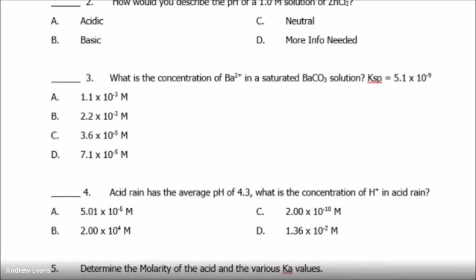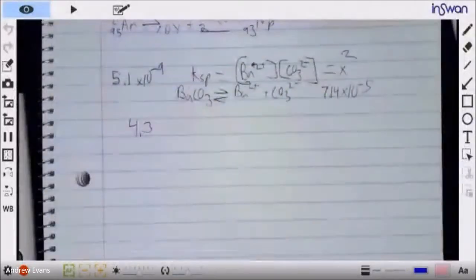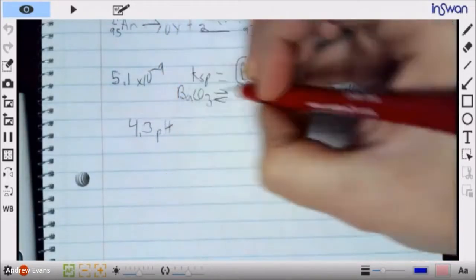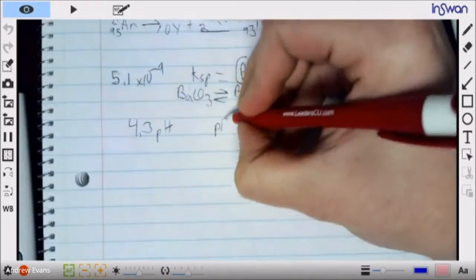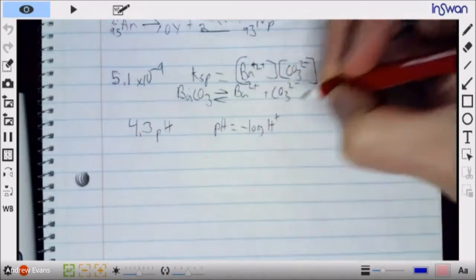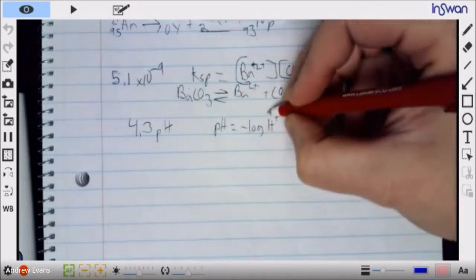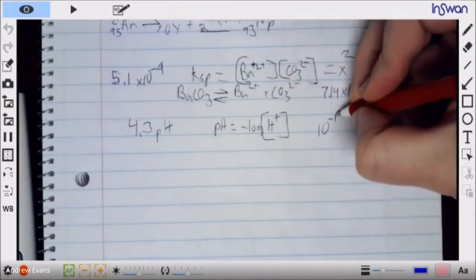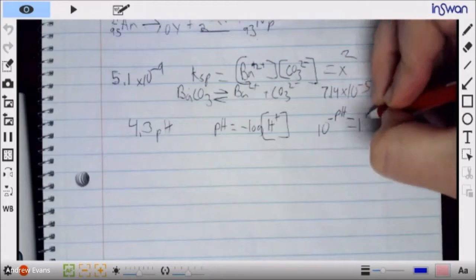Question number 4. Acid rain has an average pH of 4.3. So what is the proton concentration? The equation we need is pH equals negative log of H plus. Rearranging this to solve for H plus, we get 10 to the negative pH is equal to the concentration of H plus.